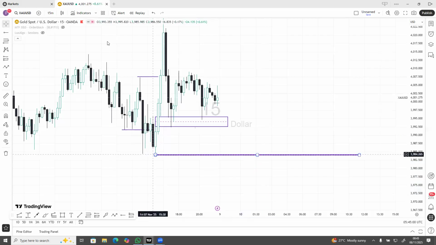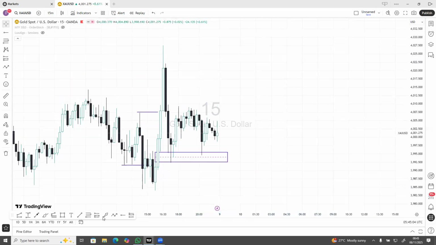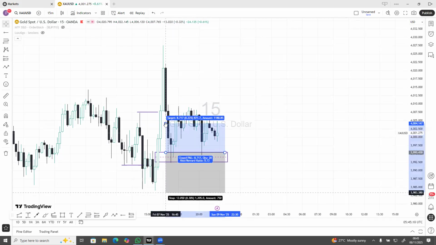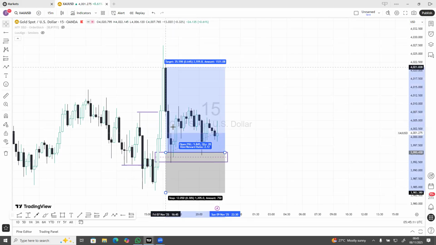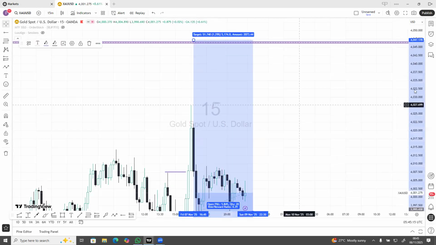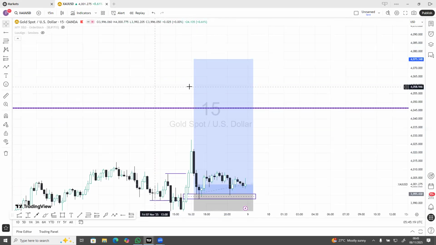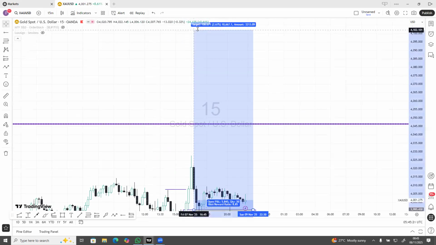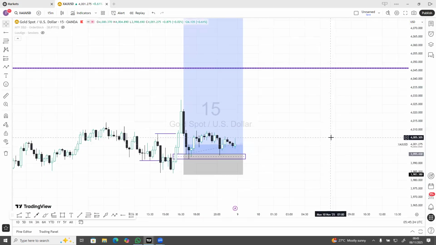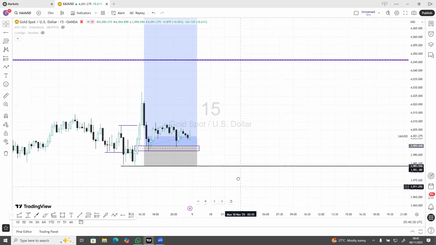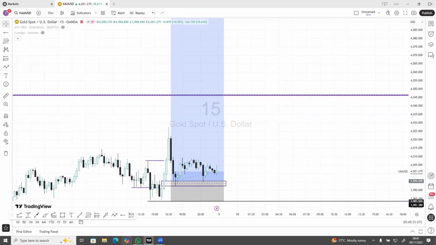So high probability is to execute a buy. Until now mimi nimehold the long position, stop loss hapo chini na target hapo juu, na for Monday and for the whole next week it is bullish on gold. If it breaks that low, we'll continue with a short position which has low probability.